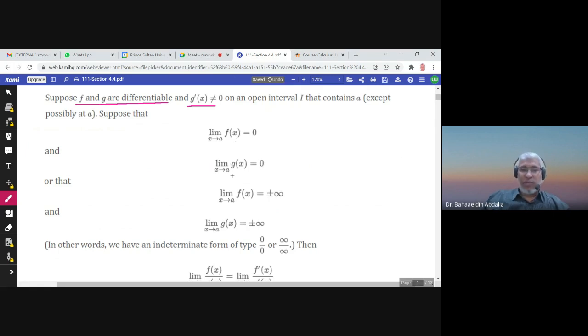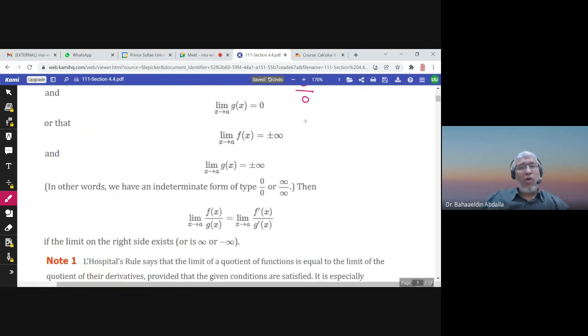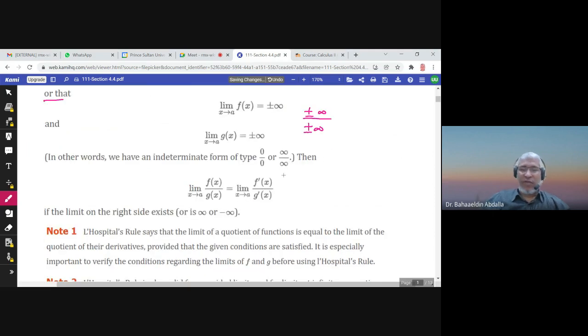This means that limit f over g would be 0 over 0. Or limit f is positive or negative infinity and limit g is positive or negative infinity. This means that we have positive or negative infinity over positive or negative infinity when we find the limit of f over g.